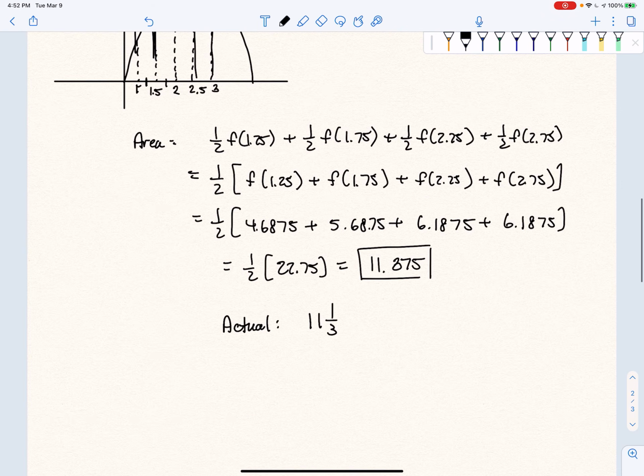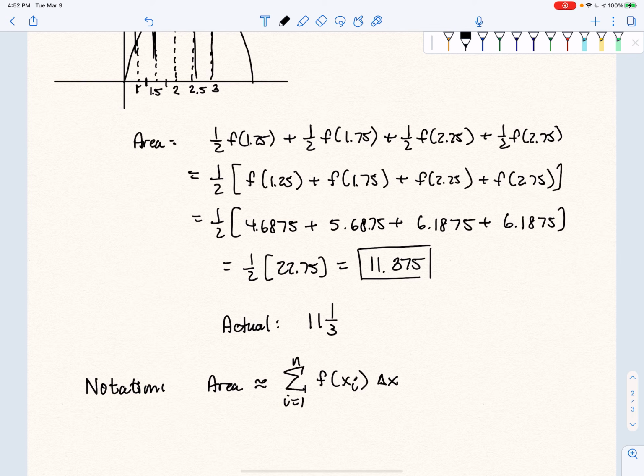So just to summarize, the notation that we use is that area, at least by the approximate rectangles, is approximately equal to the sum of the function at certain values times delta x, where we're subscripting the value.